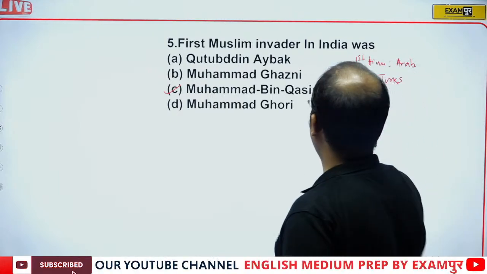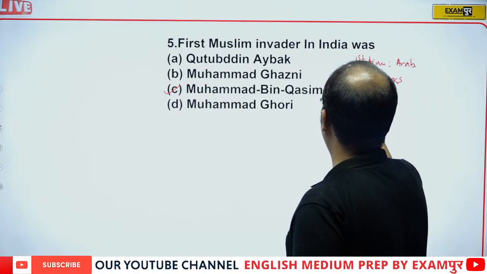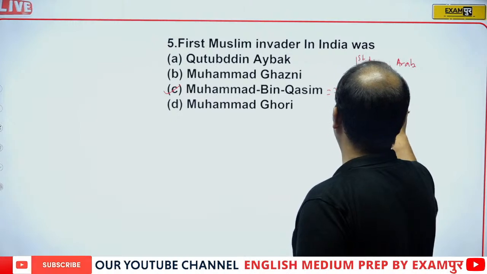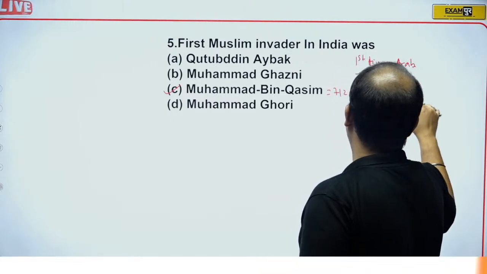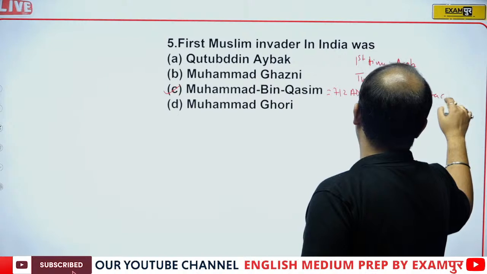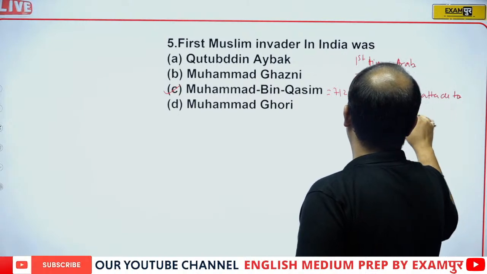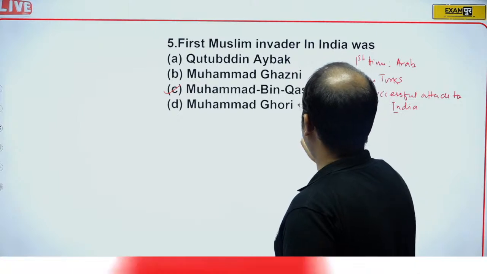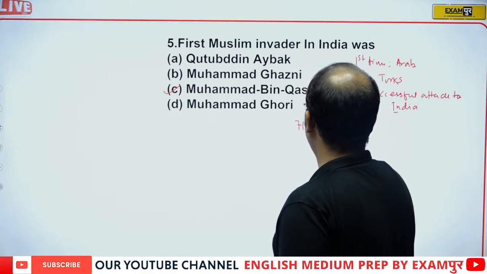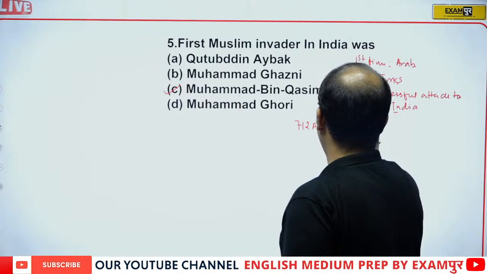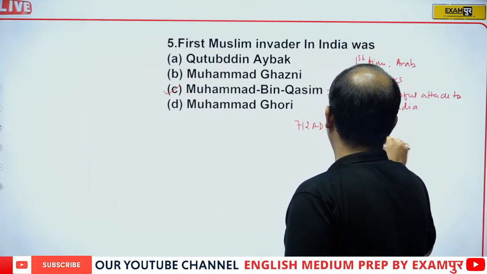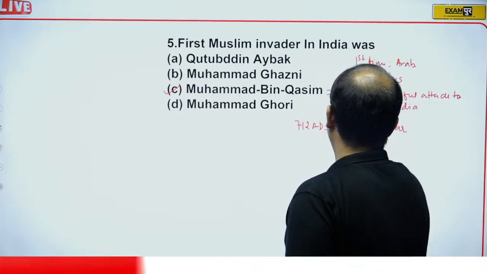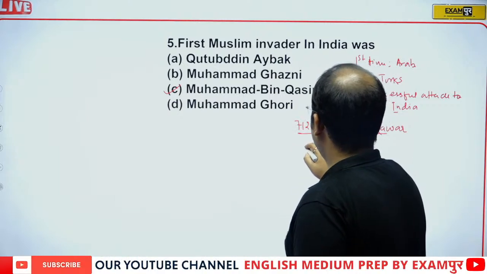So Muhammad bin Qasim in 712 AD did a successful attack on India. In 712 AD, in the Battle of Rawar, he defeated Raja Dahar.